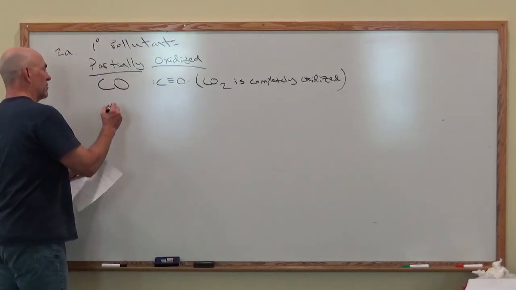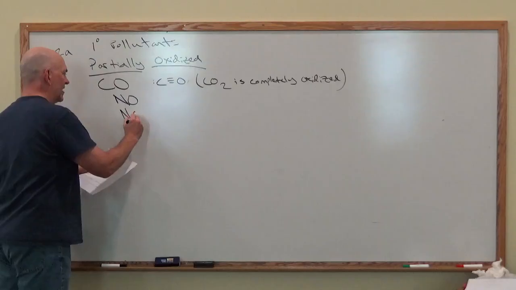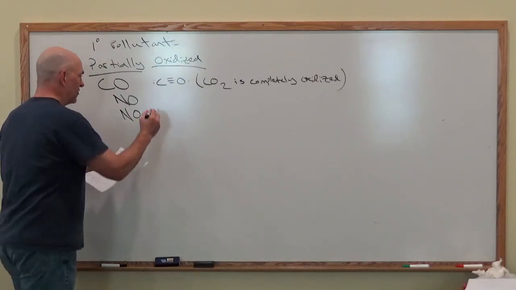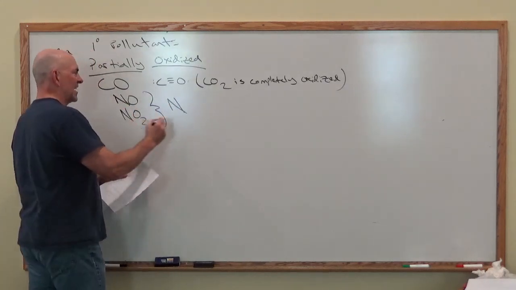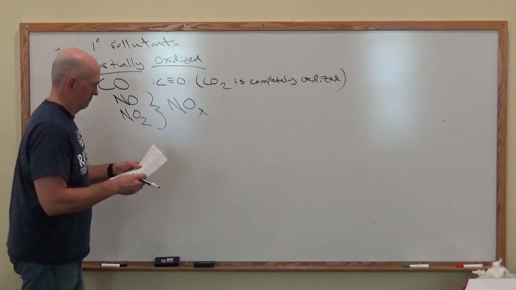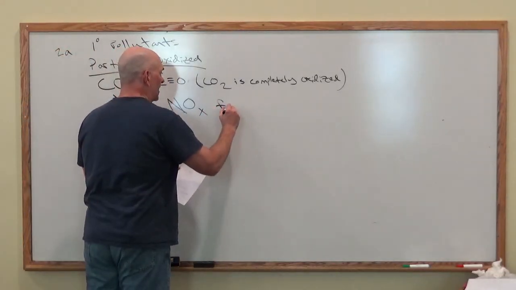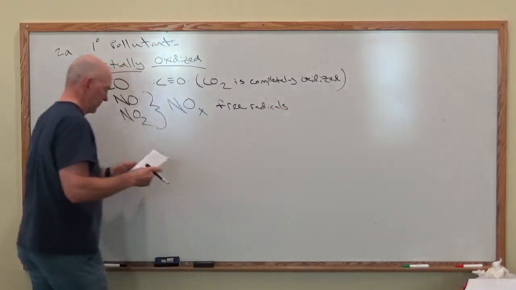We've also talked a little bit about nitrogen oxides, NO and NO2, and both of those we often refer to as oxides of nitrogen collectively as NOx. In this case, these are free radicals, which we've talked about before.